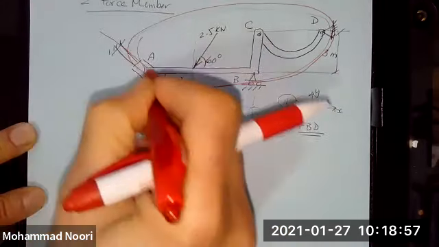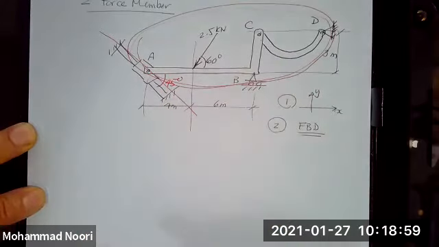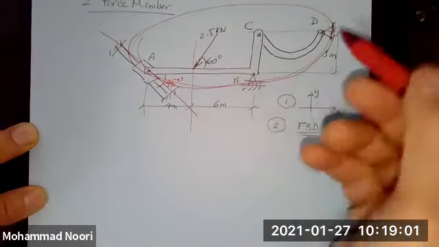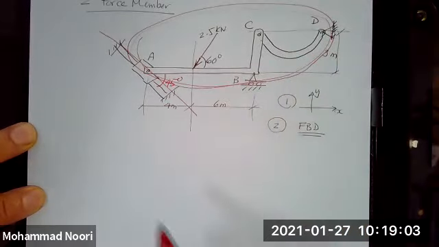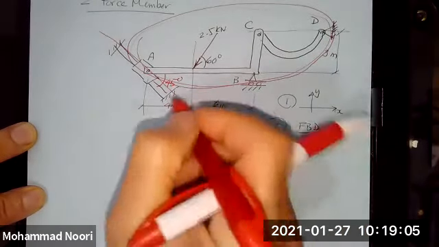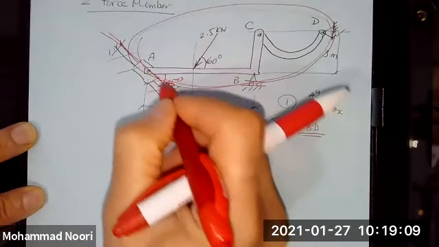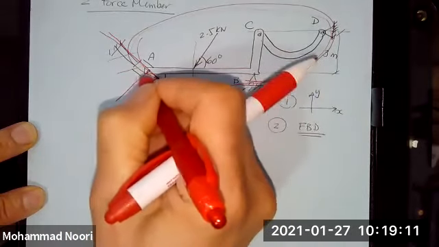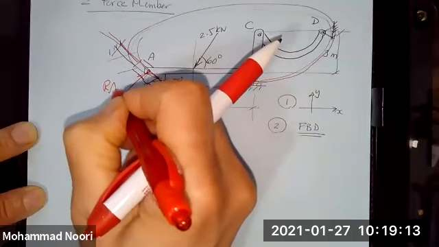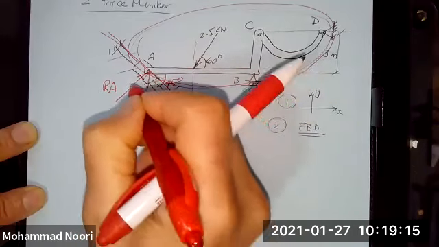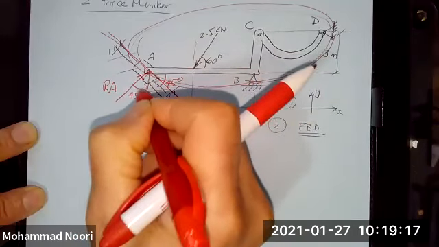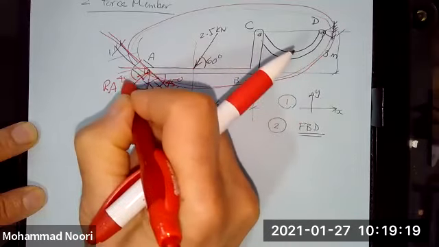So let's just do the free body diagram over the figure to save some time. So if you remove this, this is the line of motion. So you have one unknown here, R at A, okay? This angle would be 45, this angle would be 45.